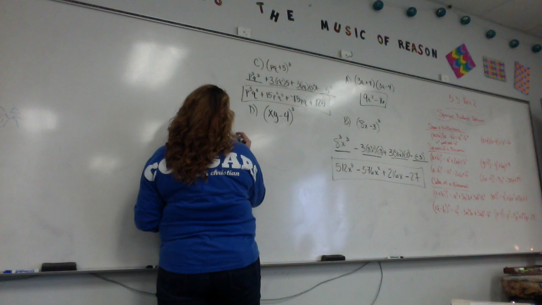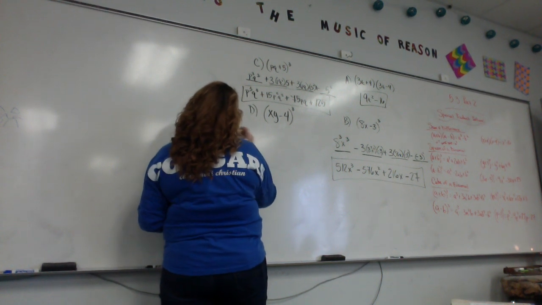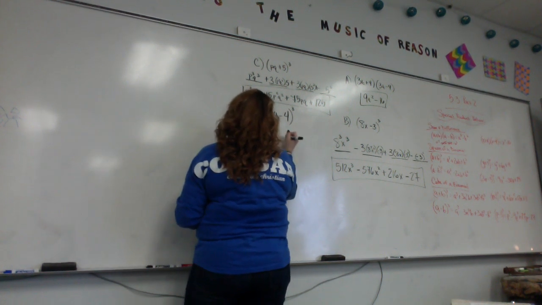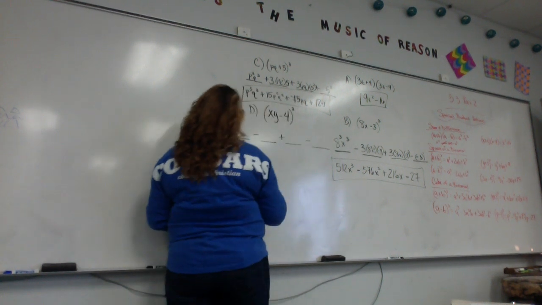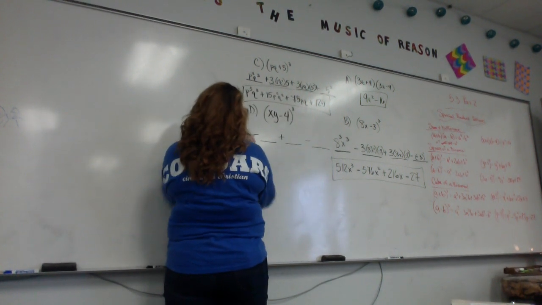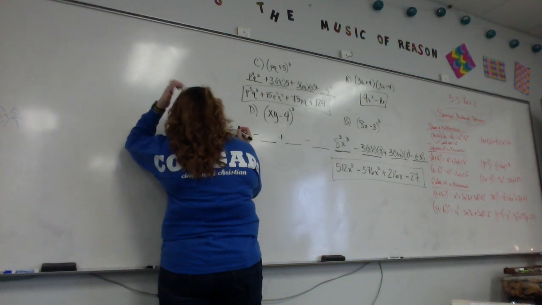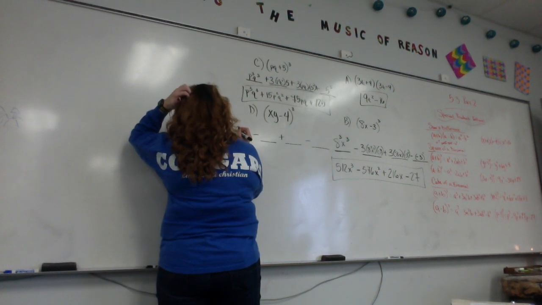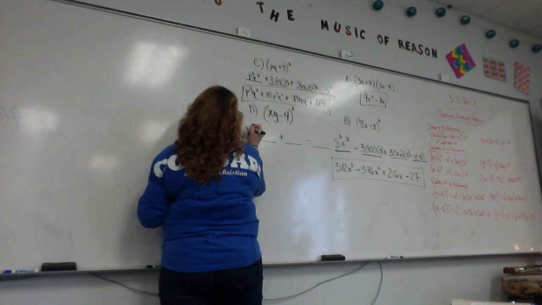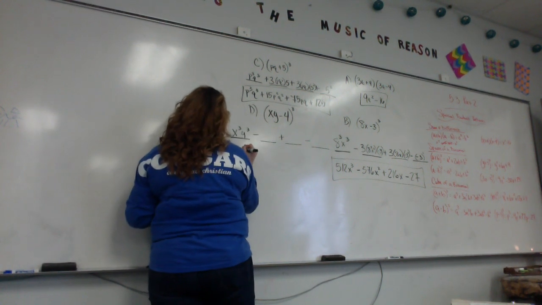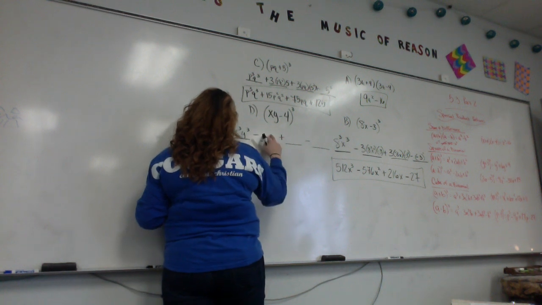Now, what are the signs on this one? Minus, plus, minus. Okay, what comes here first? X cubed, Y cubed. You have to put the cube on both pieces. What goes in this next spot?